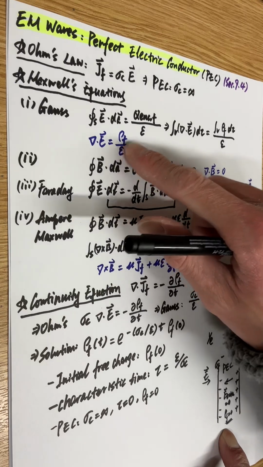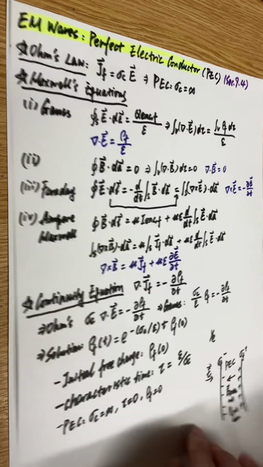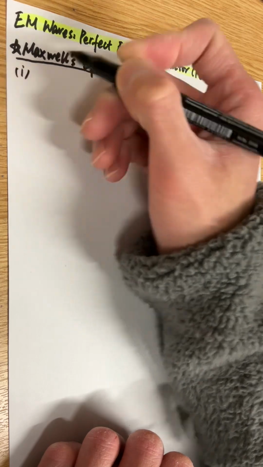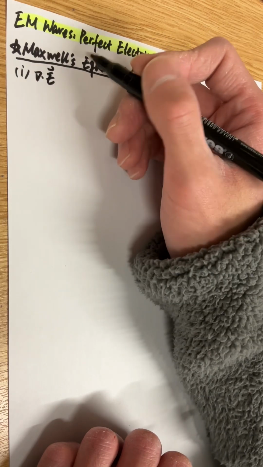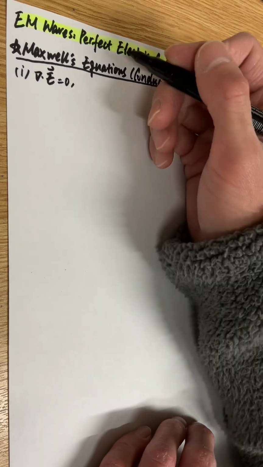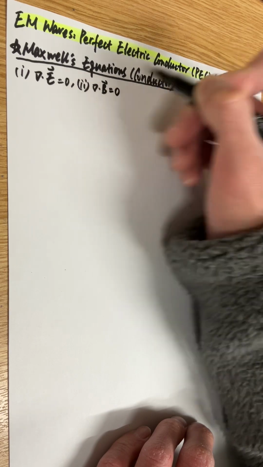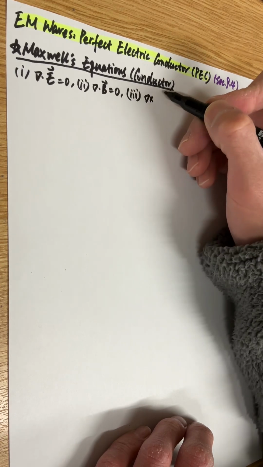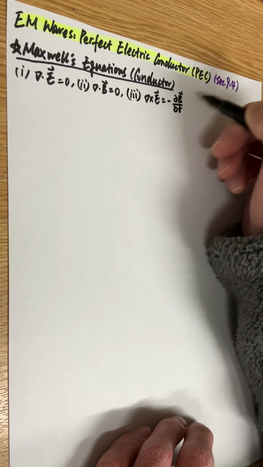So here we don't have volume charge density anymore. So we need to modify Maxwell's equations for a conductor. So let's do that here. So I have the divergence of E field. This equals 0 because there's no volume charge density. And then we have the divergence of B always equal to 0. And then we have the curl of E equals minus dB dt.